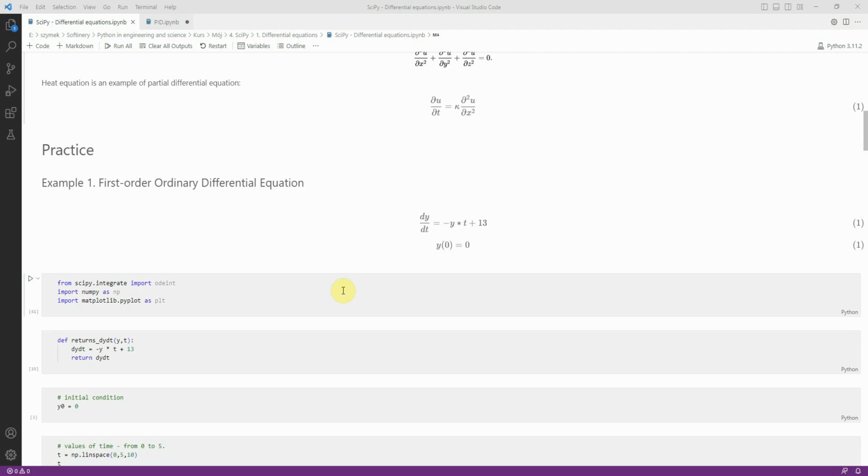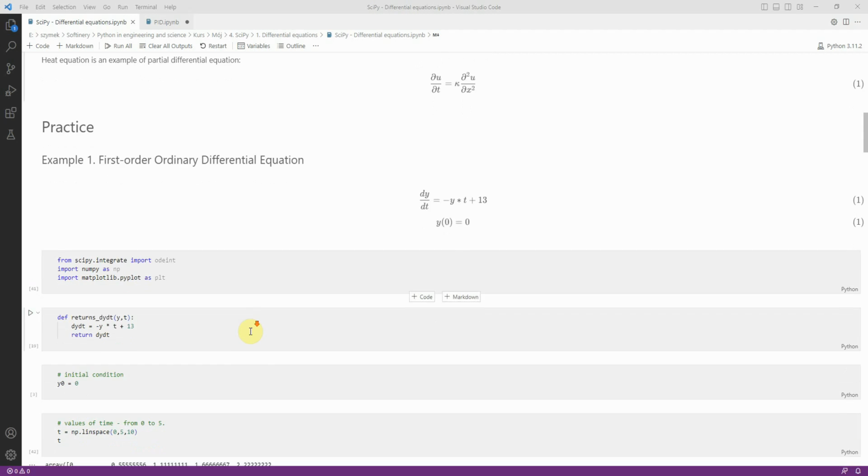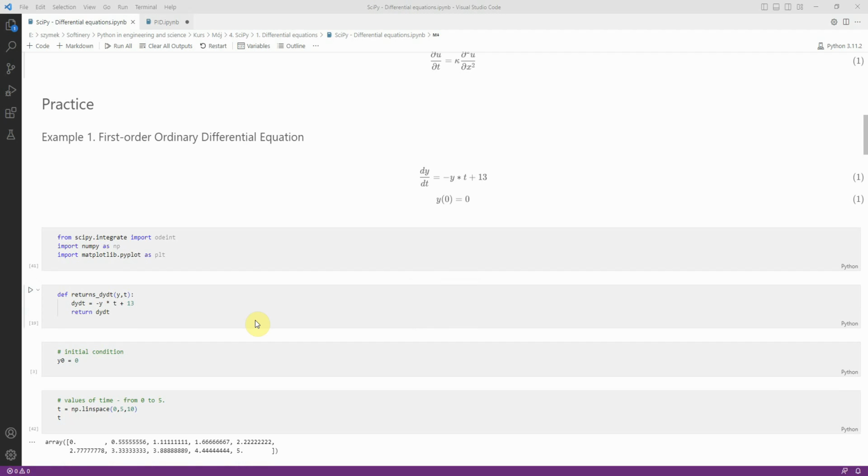The main idea in solving differential equations with SciPy is to create a function which calculates the right-hand side of the differential equation. It takes two parameters, y and t, the ones which are present in the derivative, and it returns the right-hand side of the equation.